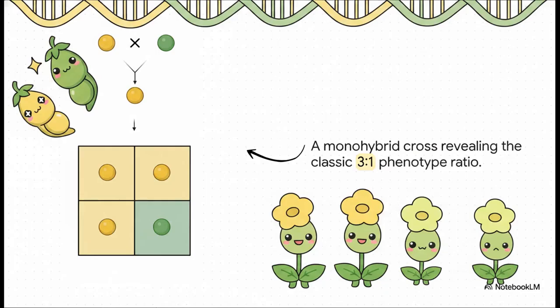So, looking at a single gene in a monohybrid cross, Mendel's law of dominance really comes to life. By crossing two F1 hybrids, we reveal a beautifully predictable, classic 3-to-1 ratio of dominant to recessive traits in the F2 generation. You get 3 showing the dominant phenotype and exactly 1 showing the recessive.